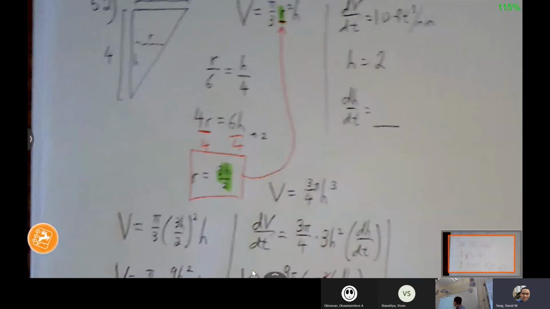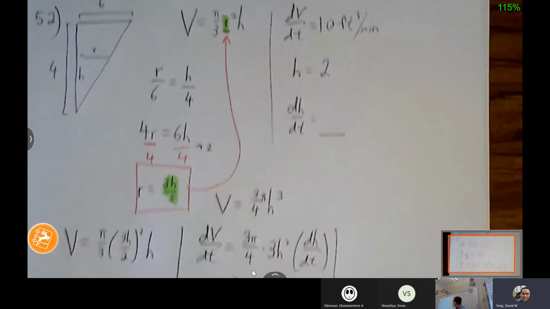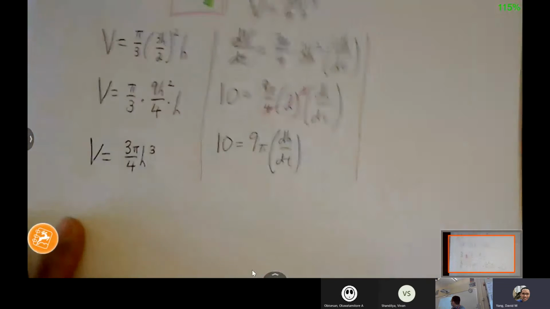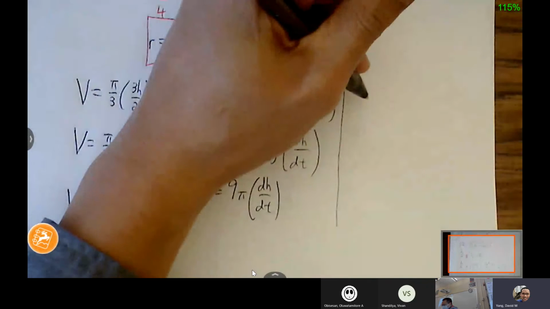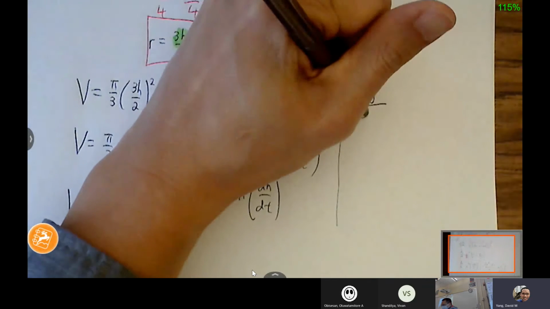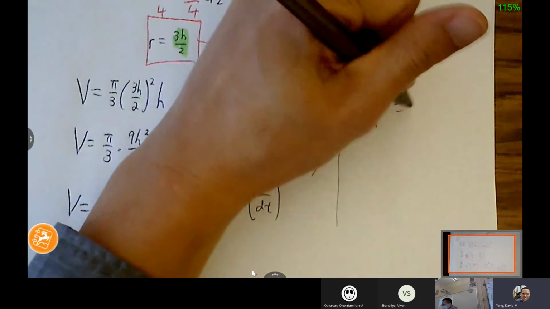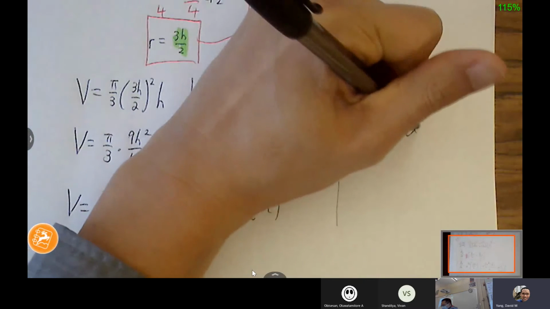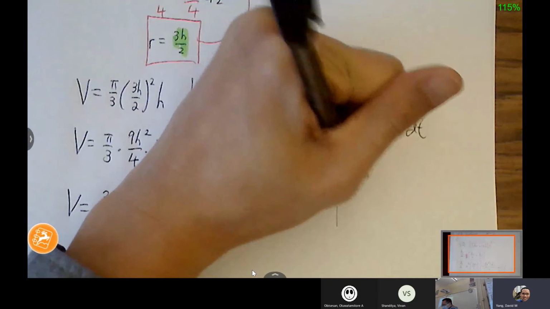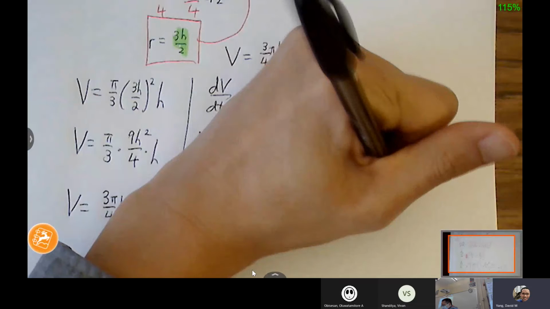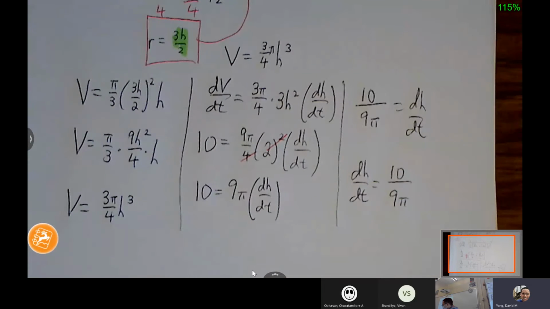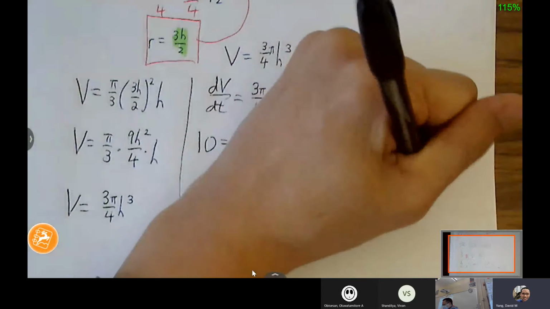And then divide both sides by 9 pi. Careful, the pi is going to stay in the denominator. It's not going to move up. Feet per minute.